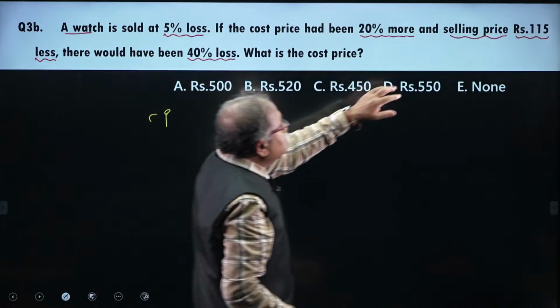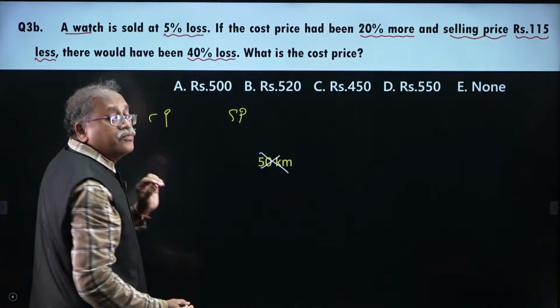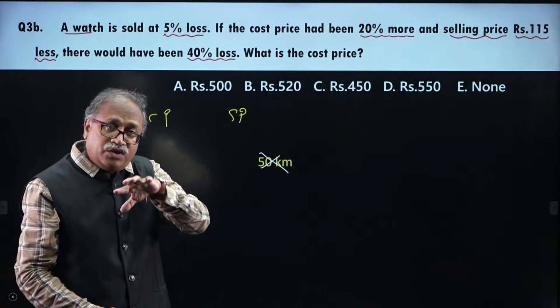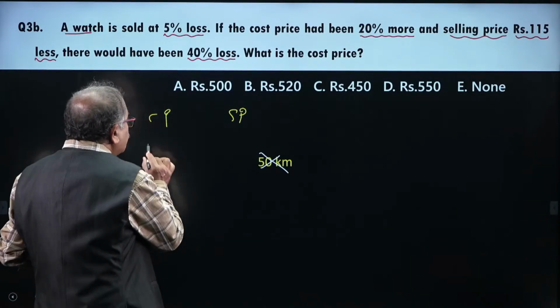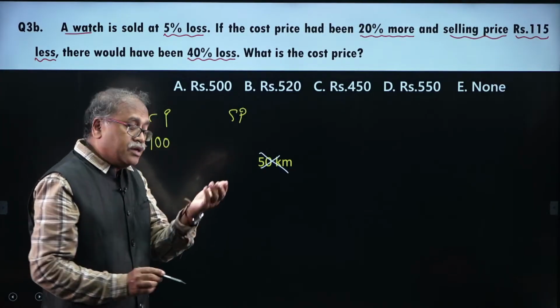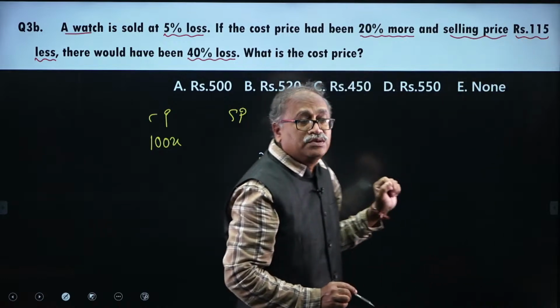Now, as here the selling price is 115 rupees less, therefore I will take the cost price as 100x, because here we have a value, not the percentage.